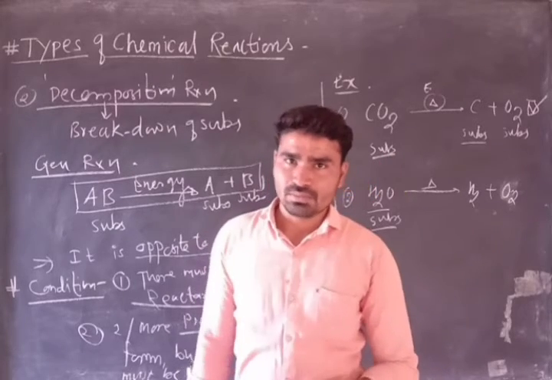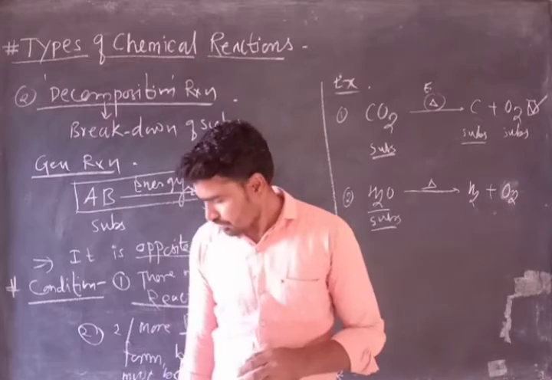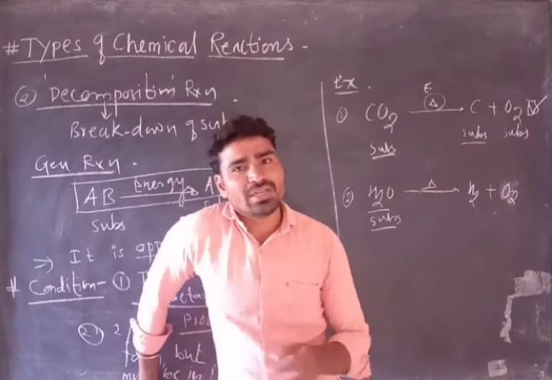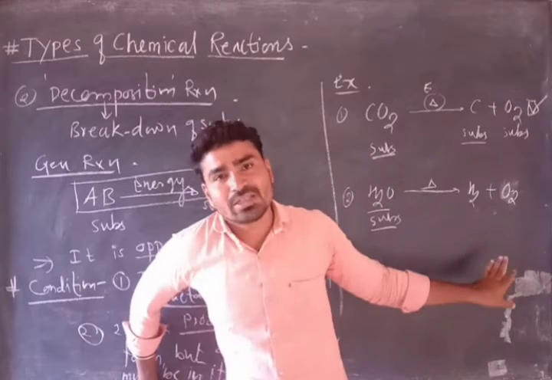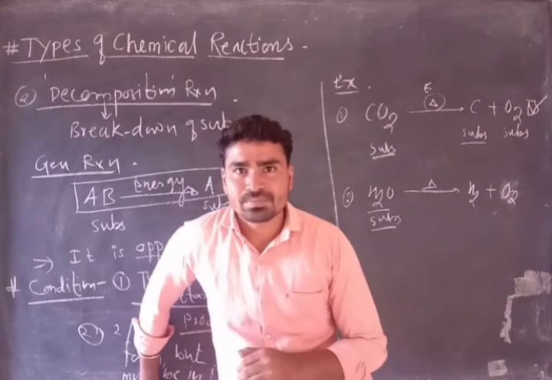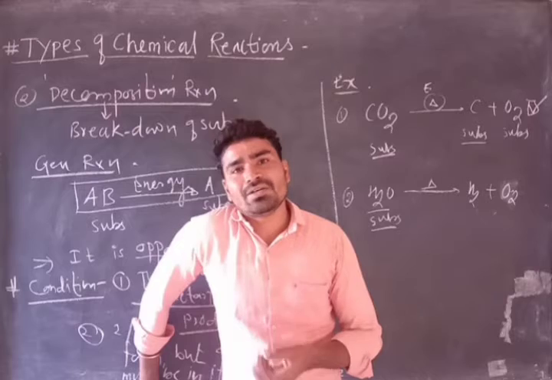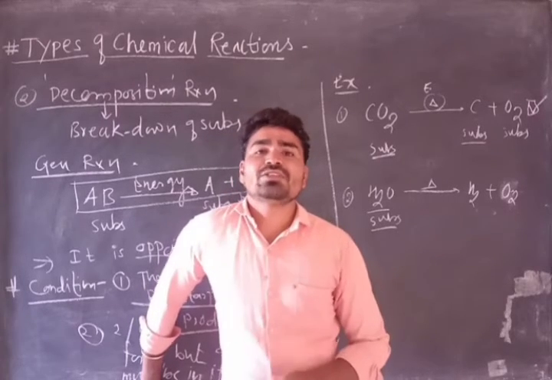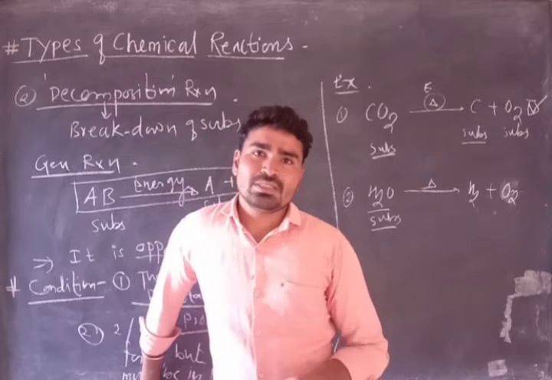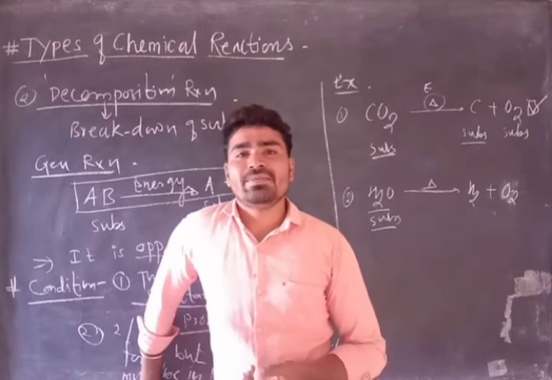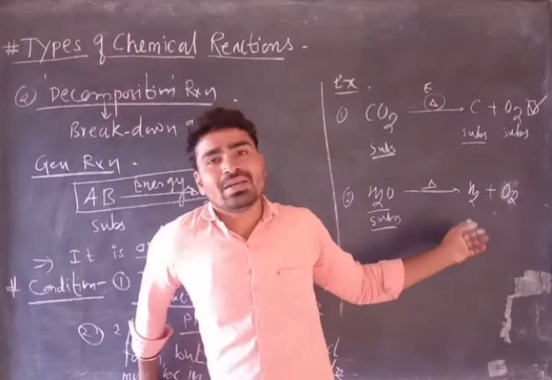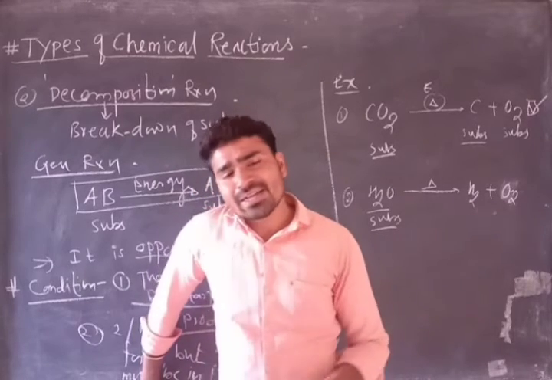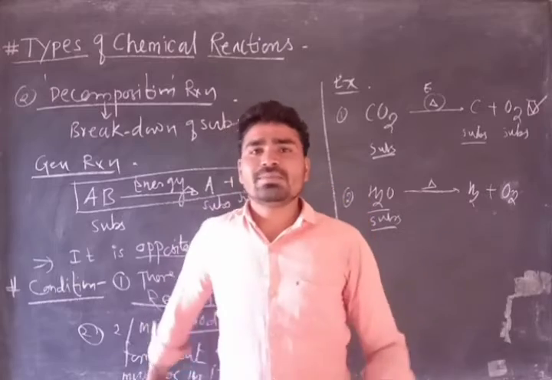So in this way sunlight is also another form of energy for chemical reactions. Also, if we simply agitate the mixture of the reacting materials, then the reaction may take place. So there are different forms of events which decompose the substance.